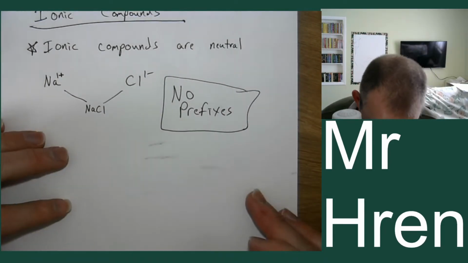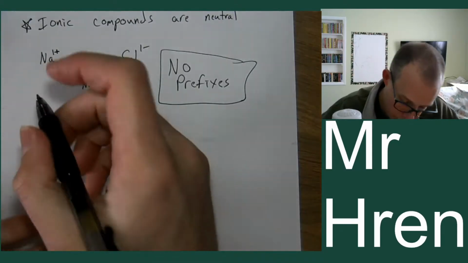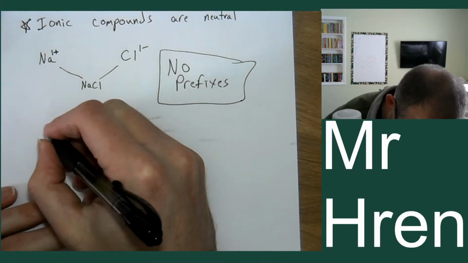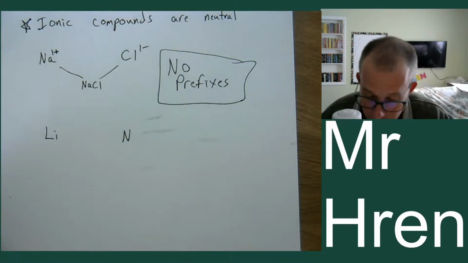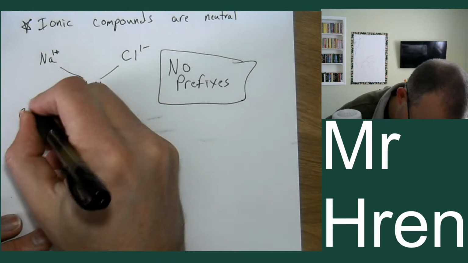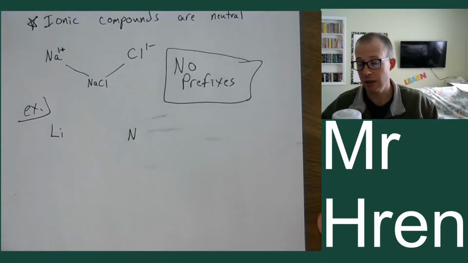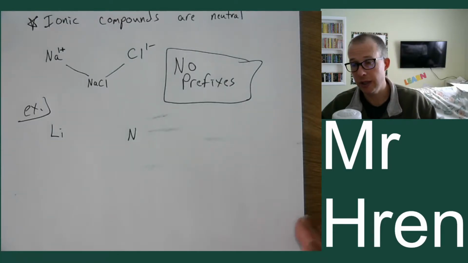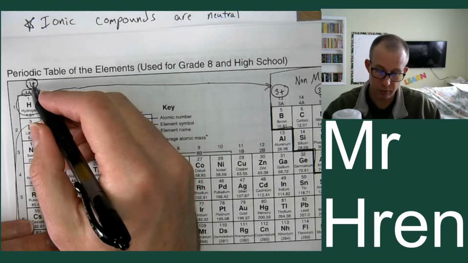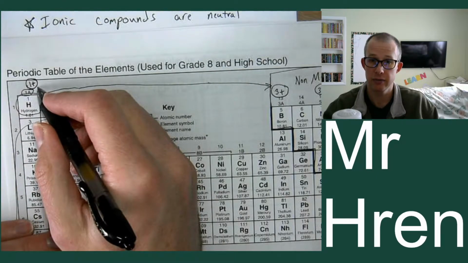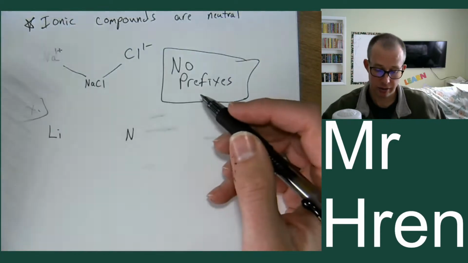So the way these form compounds, let's just do a quick example. Let's say we're going to combine lithium and nitrogen. The way to learn these is just through many examples. So lithium, if you look it up, is a +1 charge. Lithium is +1. Nitrogen is -3.